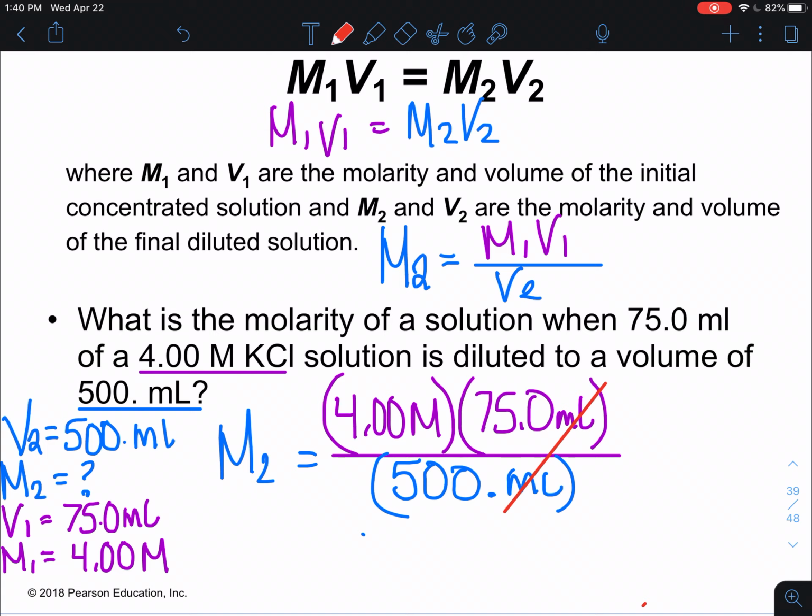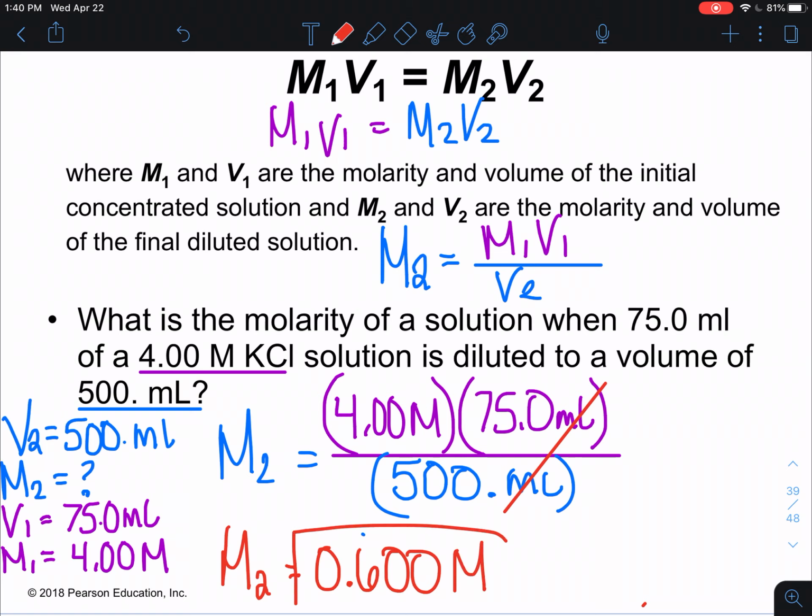So we're going to take 4.00 multiplied by 75.0 over 500, and that's going to give us a new molarity, so M2 is going to equal 0.600 M. Okay.